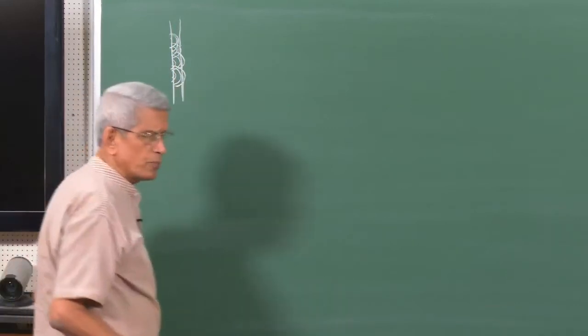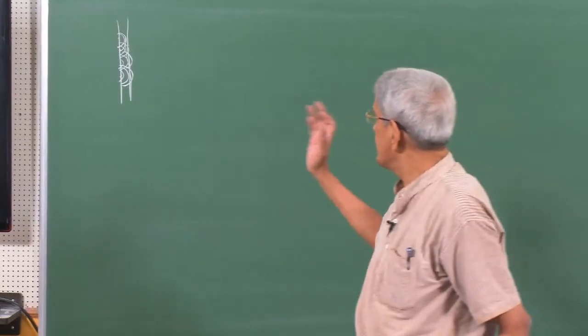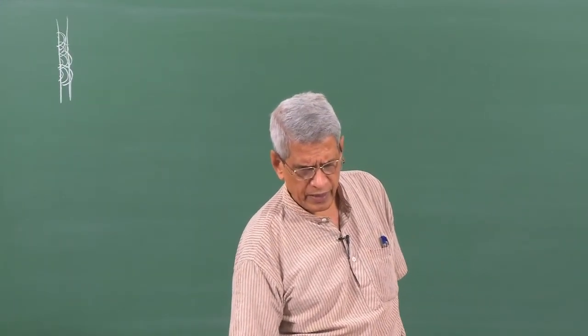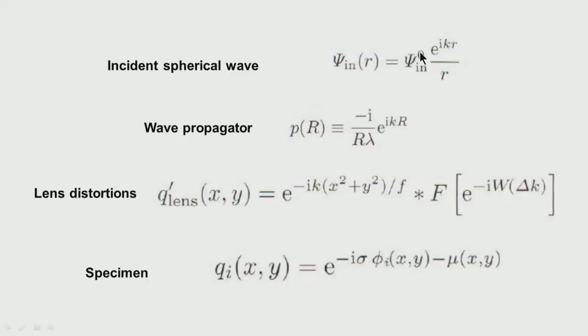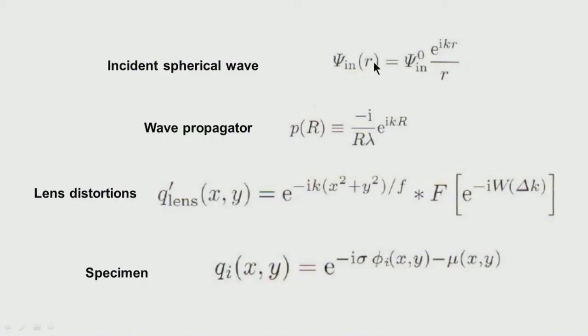This gives rise to essentially a wave front which is moving. Here psi in 0 is the intensity at any particular point of the spherical wave. As it propagates to a distance r, this will be e to the power of i k r by r. You know how this is coming, and since this wave is being propagated, a propagation vector also has to be taken into account.